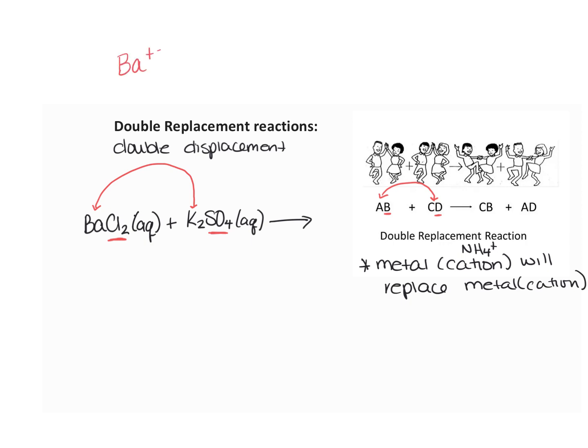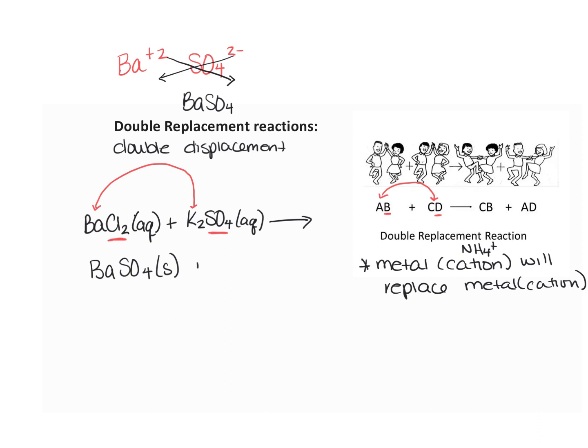Barium has a +2 charge, right? And it's going to take the place of potassium. So it's going to form a new bond with sulfate, which has a -2 charge. We crisscross those down, right? And now we get barium sulfate. And so we're going to come down here and write barium sulfate. We're going to talk in a later screencast about how we would recognize if this was solid or aqueous, but we're not going to do that right this second.